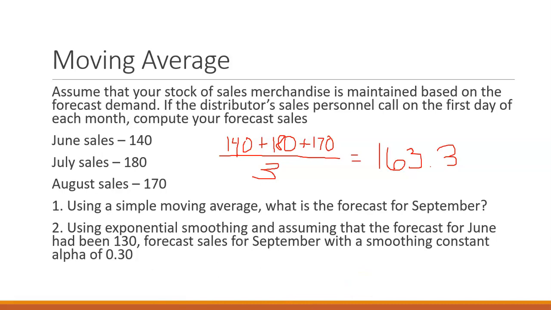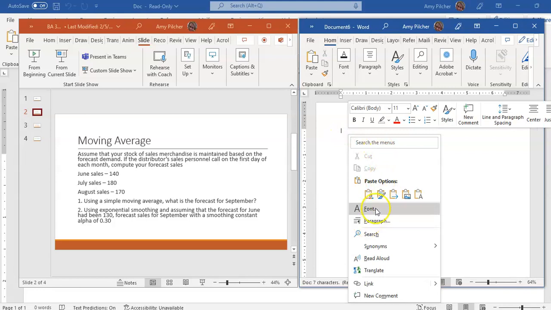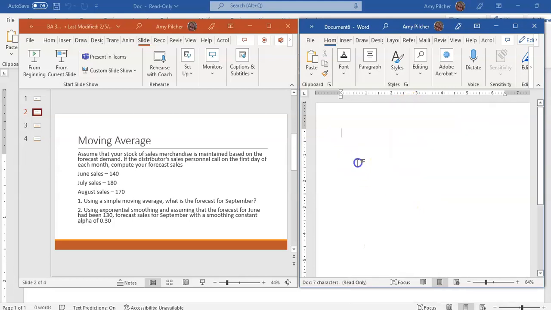Okay, so looking again at this, we're going to use exponential smoothing and assume that the forecast for June had been 130. Let's make that font larger so you can see it.